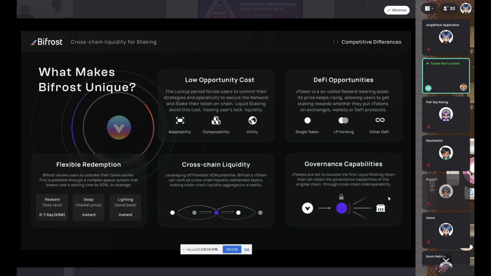That's the meaning of this function, as well as Kusama and Polkadot. They are the same. So Bifrost plays a delegating governance role for the user.